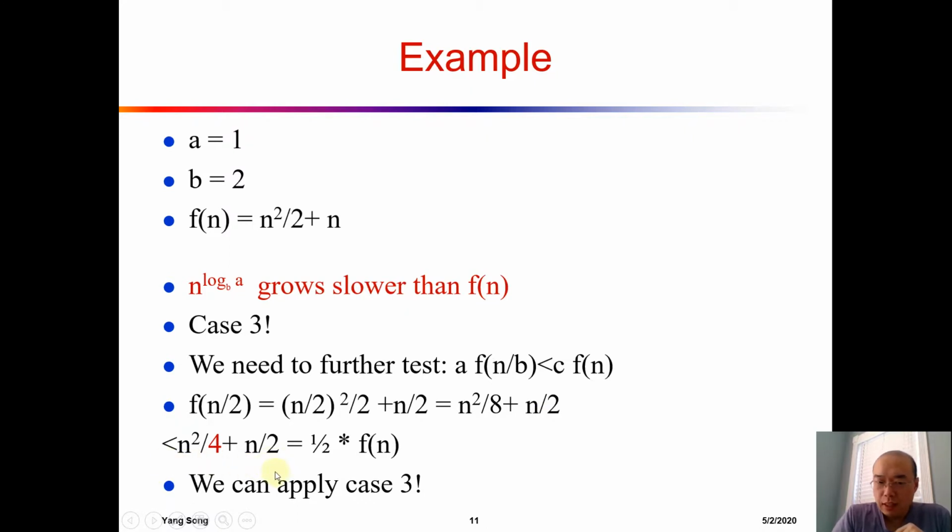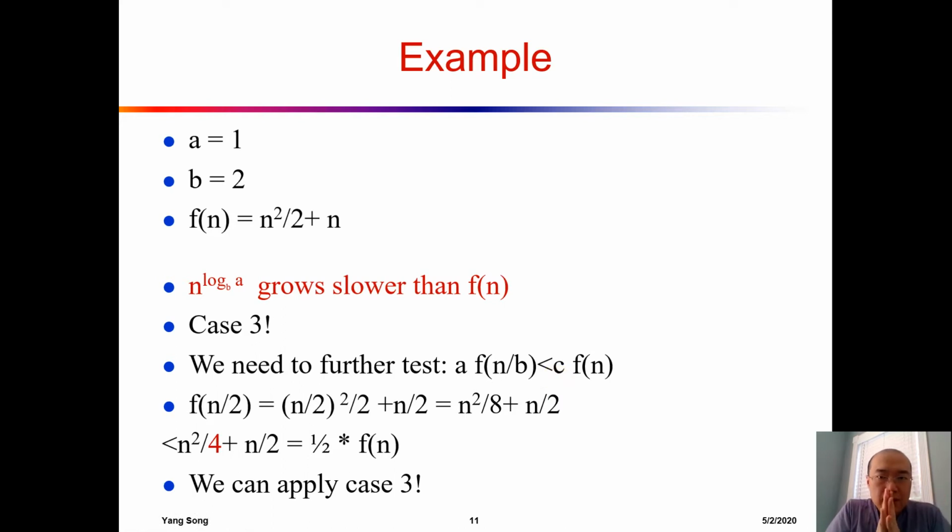And what is this? That is half of f(n), so f(n) multiplied by 1/2. So c is 1/2, and that is the constant we are looking for. In this case, we are able to prove that a f(n/b) is smaller than c times f(n), where c is 1/2.